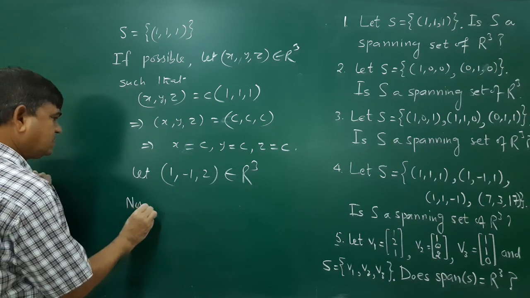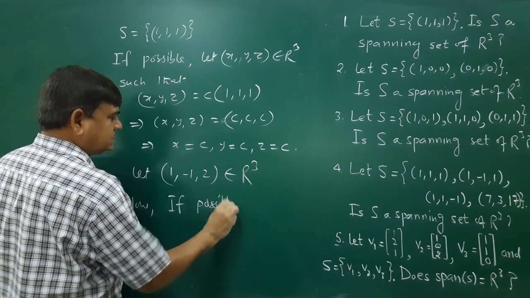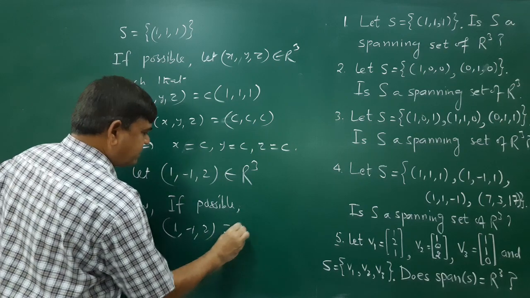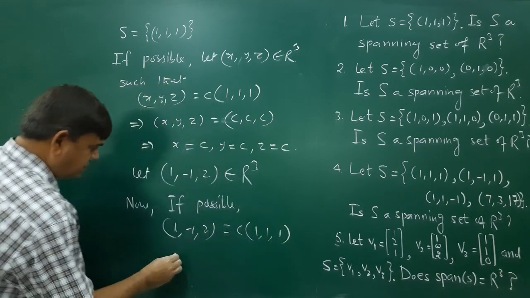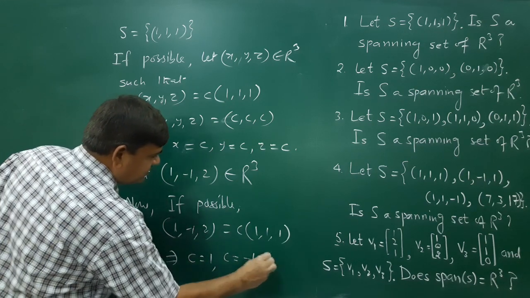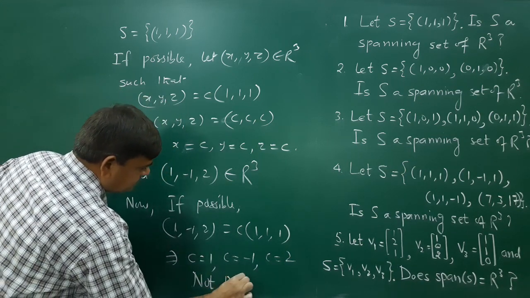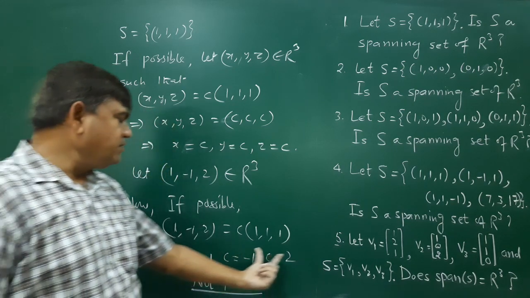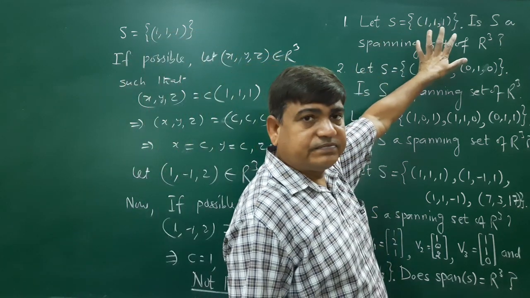Now if possible, write (1, minus 1, 2) as c times (1, 1, 1). So this implies c equals 1, c equals minus 1, c equals 2. This is not possible. We find absurd results. So this is not the spanning set.